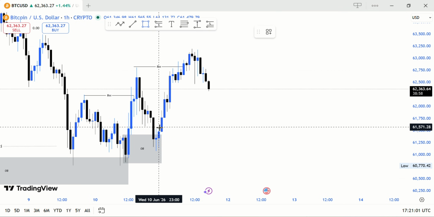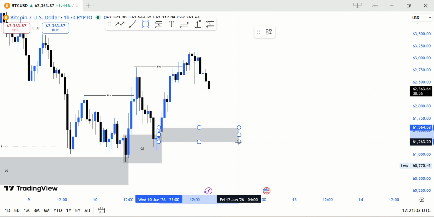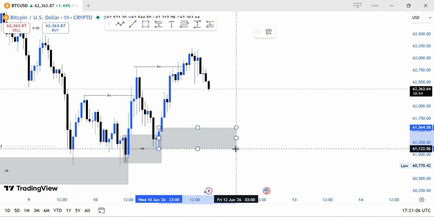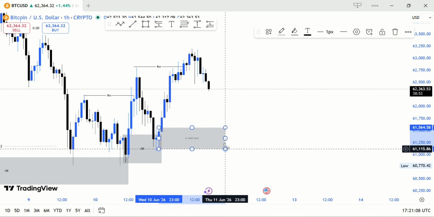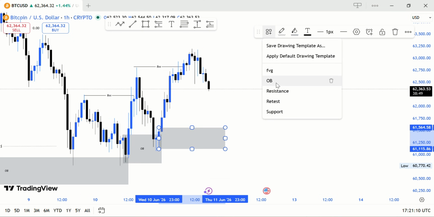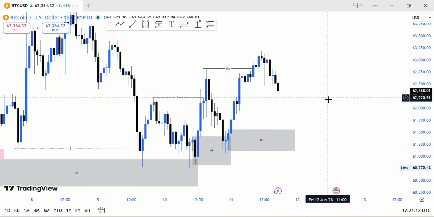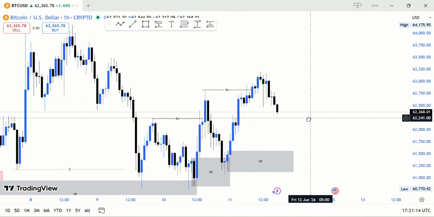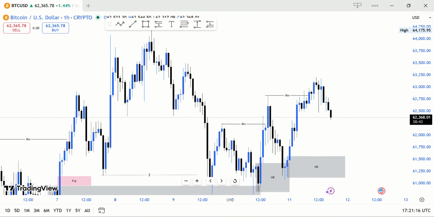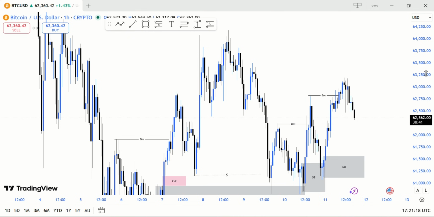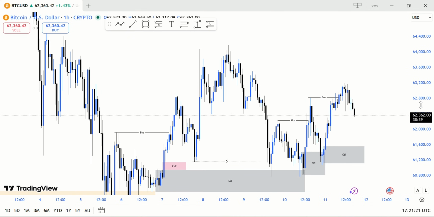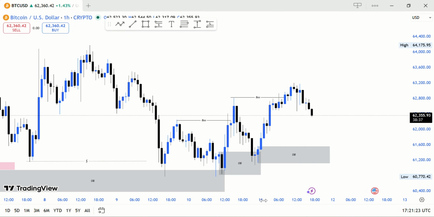So we have to wait for the market here to take another buy. We have to wait for the market here. Buy. Remember guys, keep it simple.